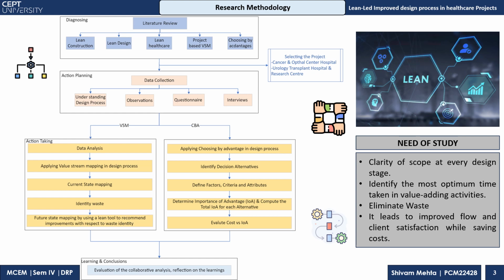For CBA, applying choosing by advantage in the design process, identifying the decision alternatives, defining factors, criteria and attributes, then determining the importance of IOA and computing the total IOA for each alternative, then evaluating cost versus IOA. Lastly, the learning and conclusion, in which the collaboration analysis is evaluated and its learning reflected upon.